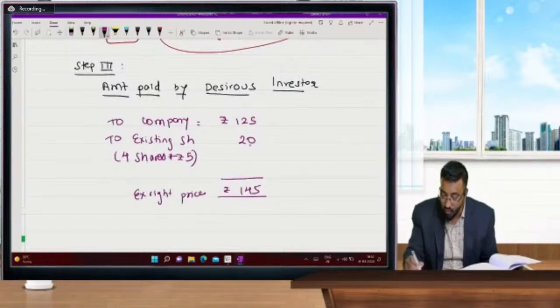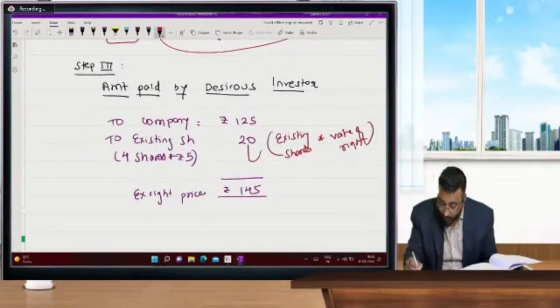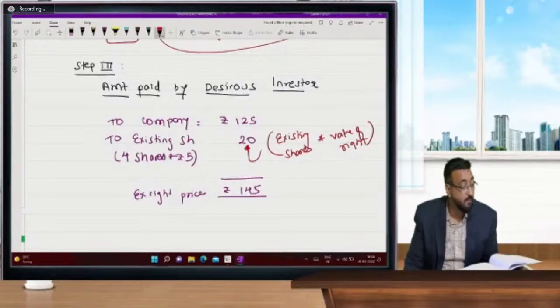So this is how you calculate it: existing shares multiplied by the value of right that you collect from your friend, and then you will get the concept of 145.